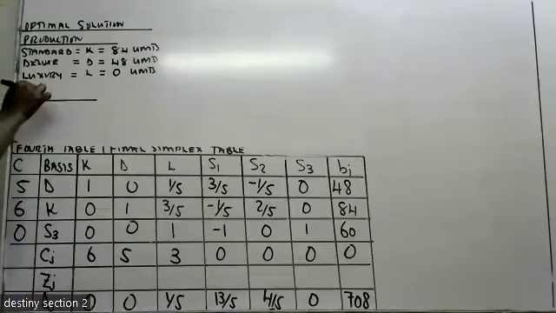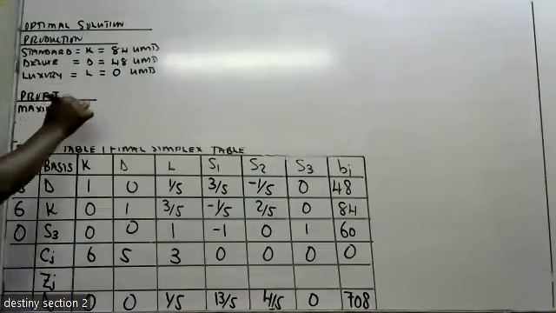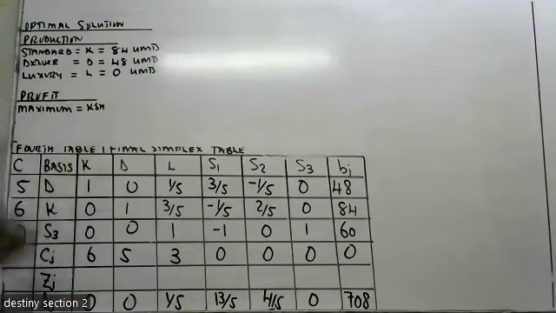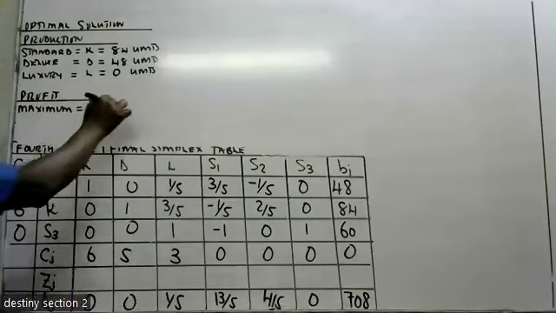Then we have the profit. And profit will deal with the maximum. And the maximum is Kenya shillings. This last value here, this is the profit. 708.